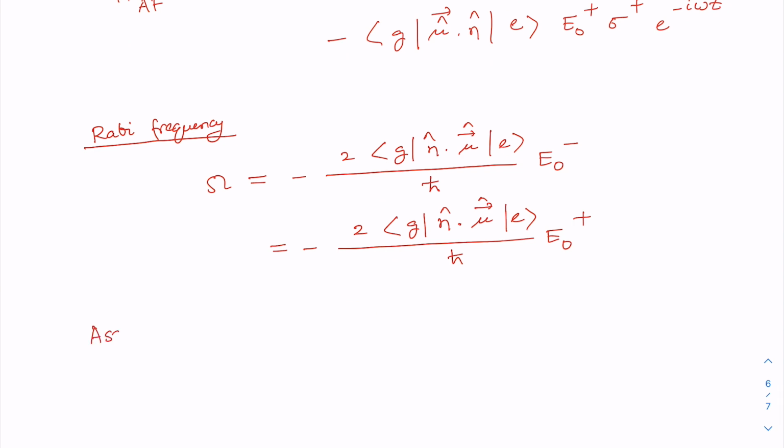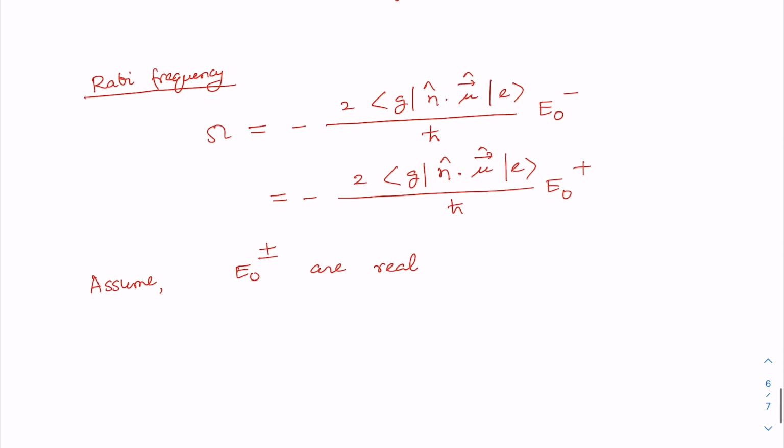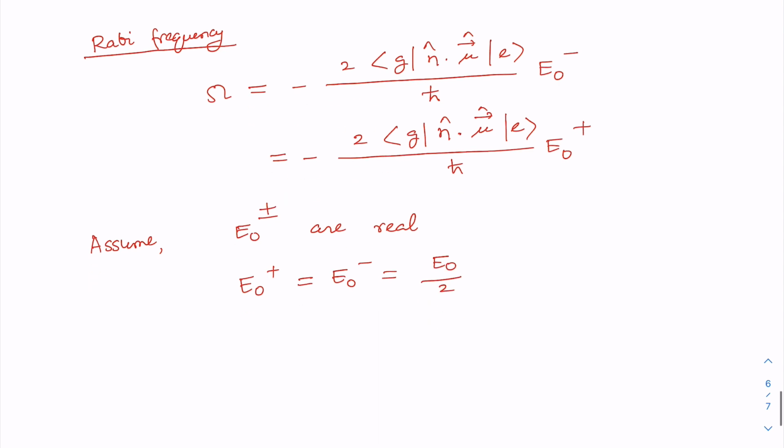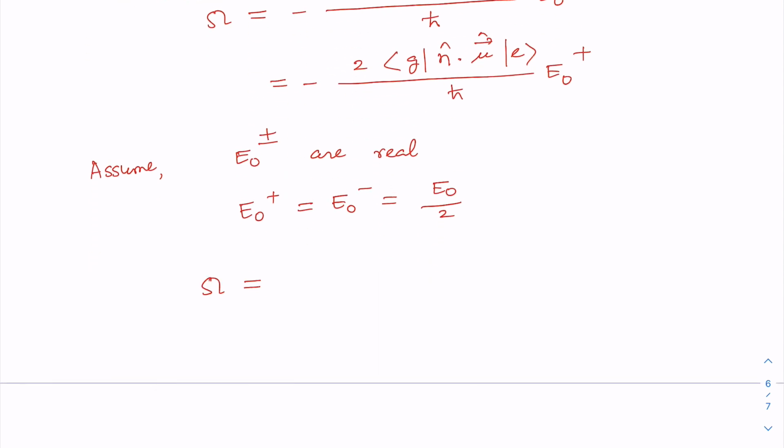Now assume that these amplitudes E0 plus and E0 minus are real, and take E0 plus equal to E0 minus equal to E0 by 2, then the Rabi frequency we can write as omega is equal to minus Z mu dot eta E by H cross E0.